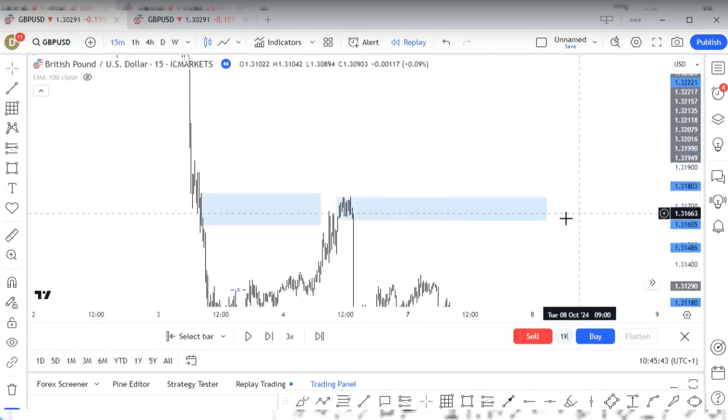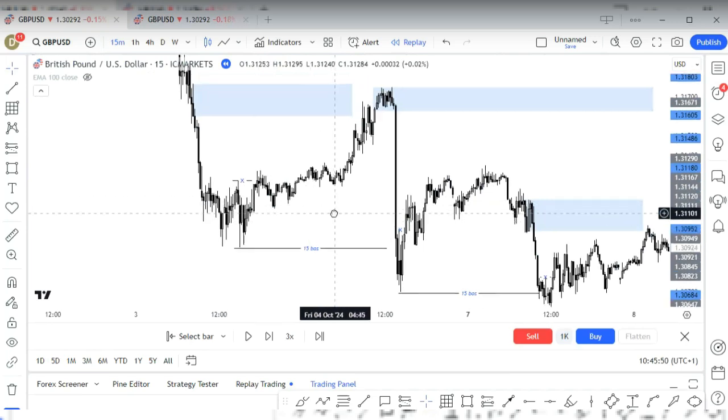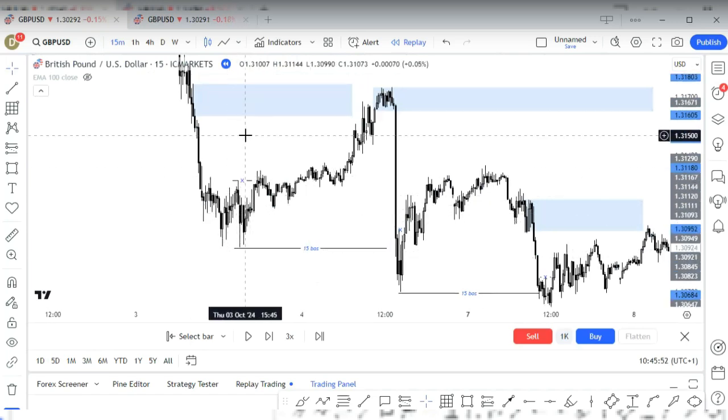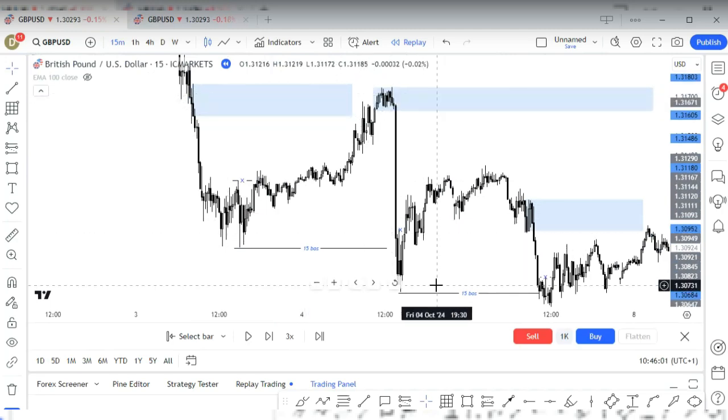Though I have my markup already, let me just explain what happened here. The market broke down, we have inducement, POI here, the market mitigates the POI and breaks down.